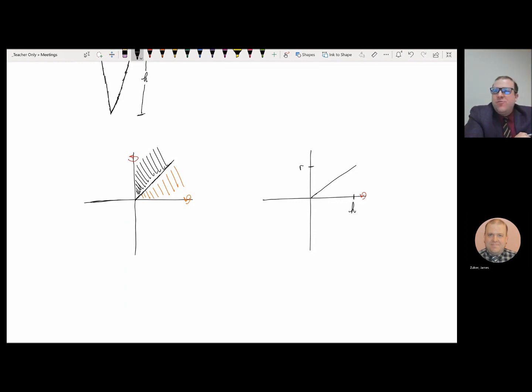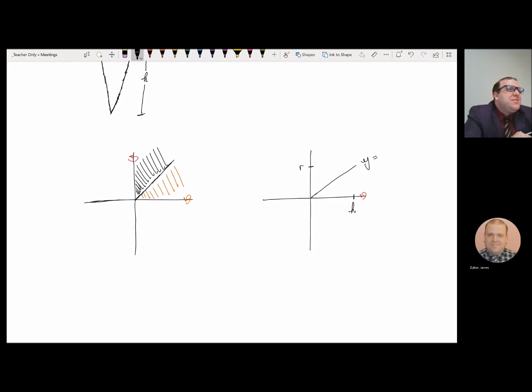You should now easily imagine this rotates that entire region. We're now going to have a cone of height h, and the base has radius r. How would you represent that line? r over h times x.